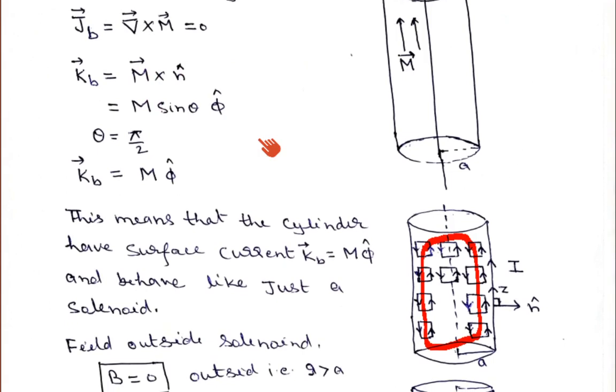I have drawn the magnetization along the z axis, and the normal unit vector n to the surface of the cylinder makes an angle pi by 2 with it, so theta is pi by 2 and sin theta is 1. So the surface bound current density equals M phi unit vector. The current will be azimuthal in direction, moving along the azimuthal direction.